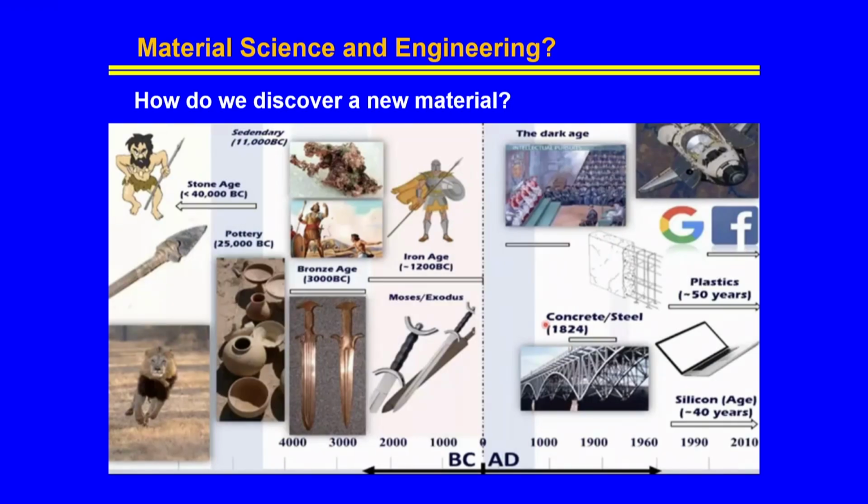Let us start from the earliest, 40,000 BC or even 25,000 BC, when humans just started living on this earth. Humans did not have much, except naturally available materials like stones, or metals like silver and gold, which were native metals available in the earth crust.